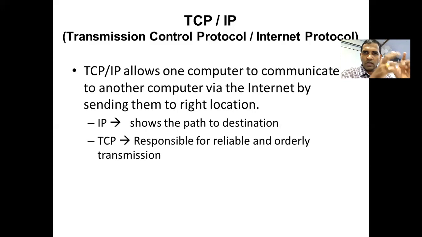So the Transmission Control Protocol takes the responsibility to arrange all these packets, all these parts, in order, because on the receiver side they must be arranged in order. TCP does that. So IP shows the destination computer, but TCP orders all these pieces of data at the receiver end.